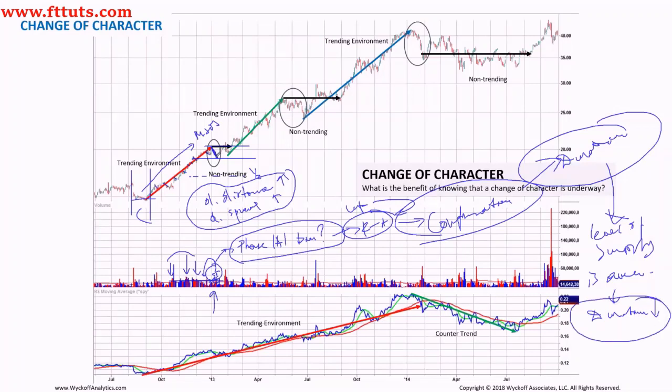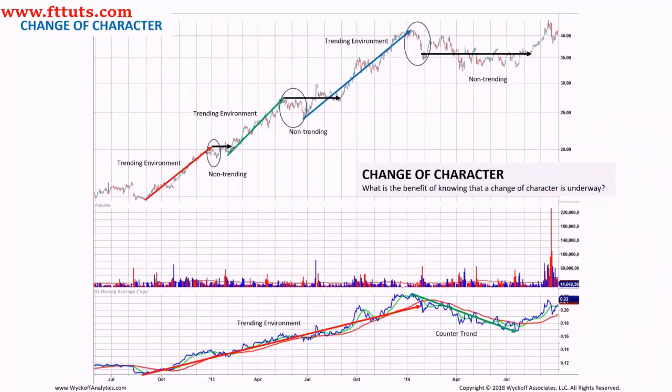And we see that on the next attempt to go down, there is a test which looks like phase C, sign of strength, backing up action, and off we go to the next change of character, which is somewhat hard to see here. But if we would be thinking about the rally into the sign of strength, comparing it to the previous rally, we would see that it's much better as a rally in this trading range, that the reaction is more horizontal, so that suggests a change of character.